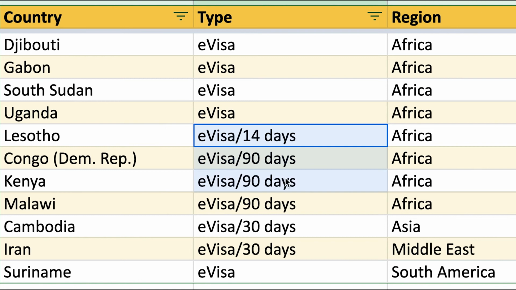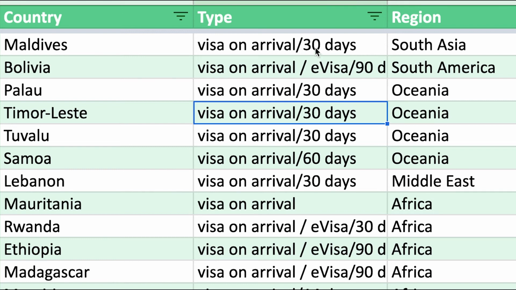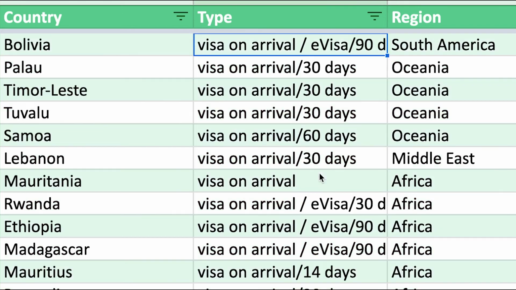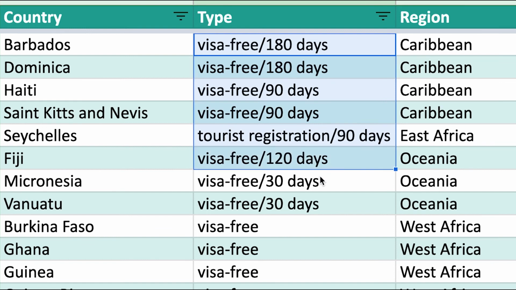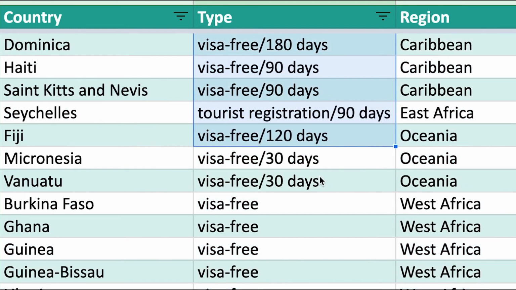Something I should mention is that some of these e-visa or visa on arrival countries, and even the visa-free ones, have a limit on the number of days you can spend there, usually for somebody visiting for leisure as a tourist.